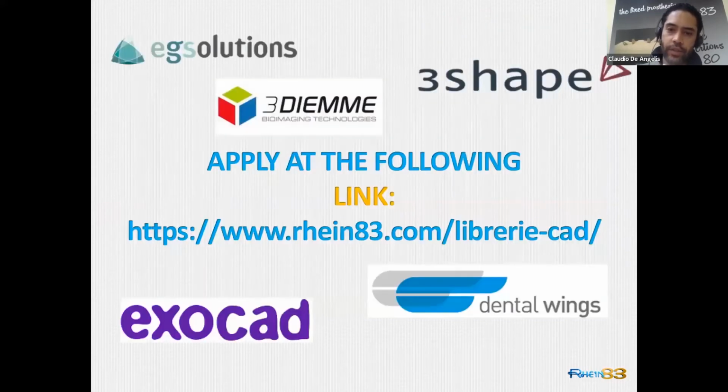And if you have not the attachment updated in your dental design software, you can, by applying the following link, please take out your phones and take a photo of this slide. You can find all the libraries that you need.